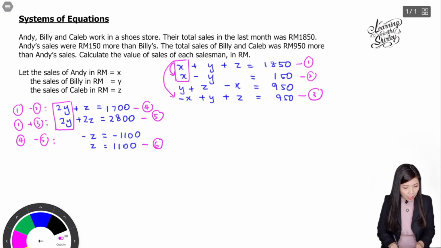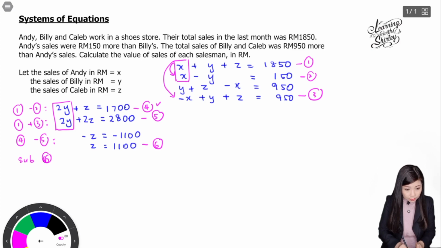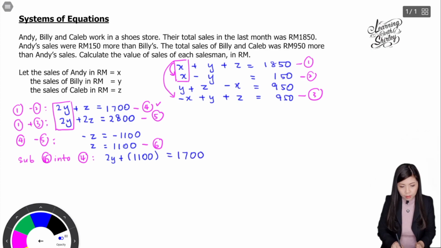Now I'm going to substitute equation 6 into equation 4 to find the value of y. So equation 4 is 2y plus z, where z is 1100, equals 1700.